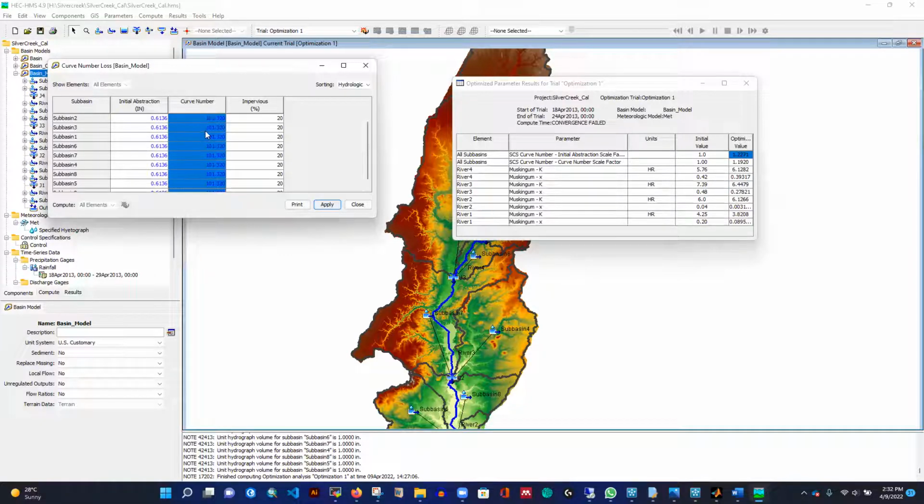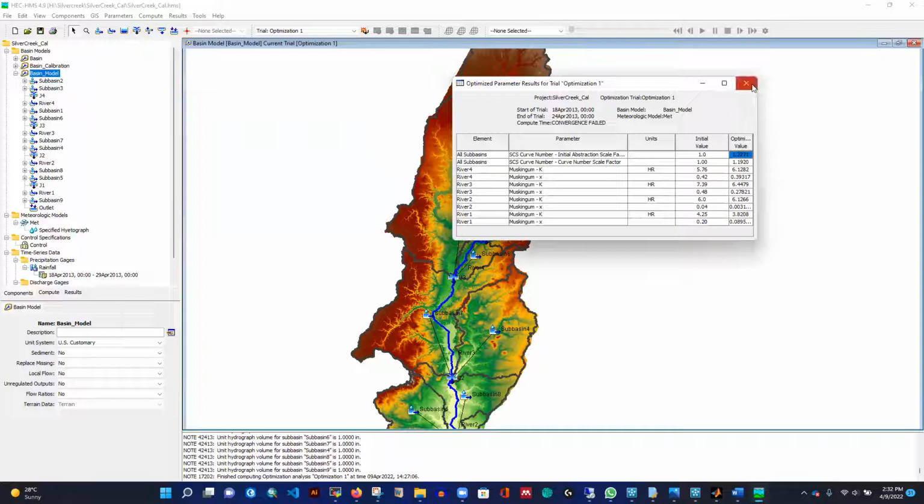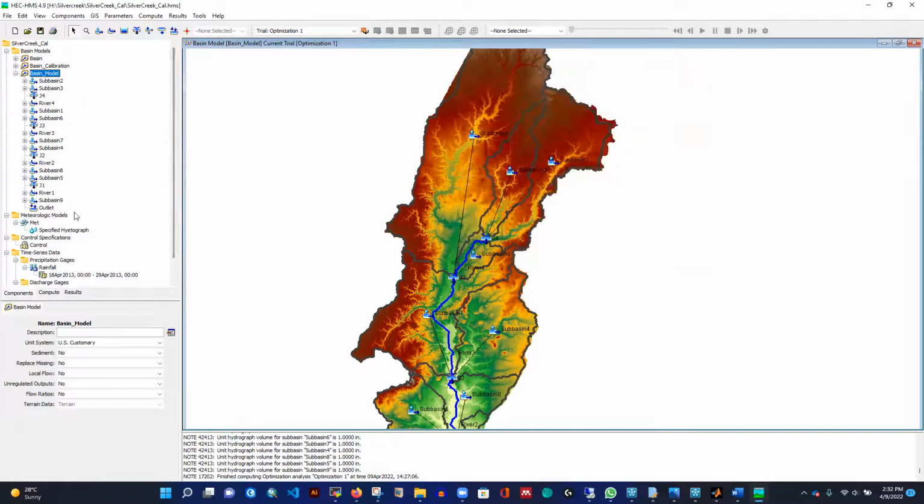But see, we know the limit of curve number should be within 100, so it is not realistic, right? So what do we have to do? Even though the optimization doesn't have that idea, we have to change it. Okay, so I'm just canceling that, and I have to change it.